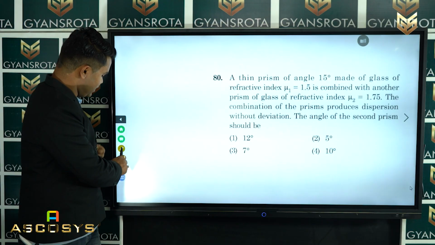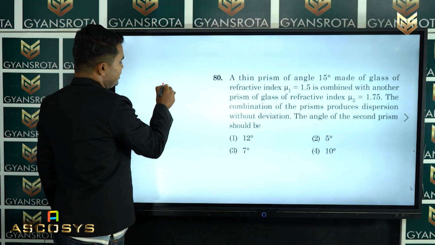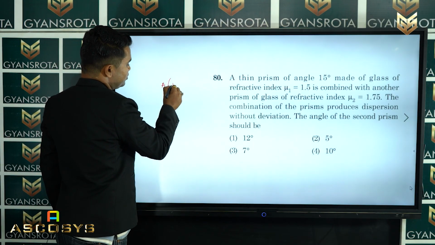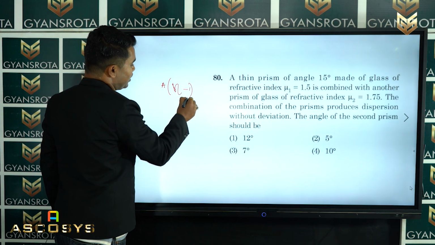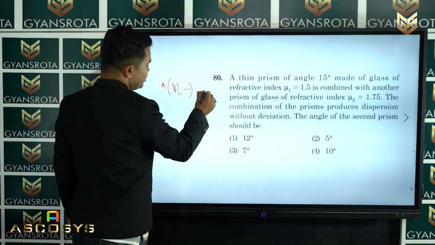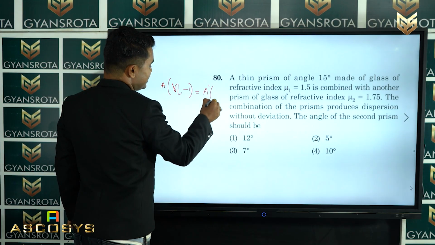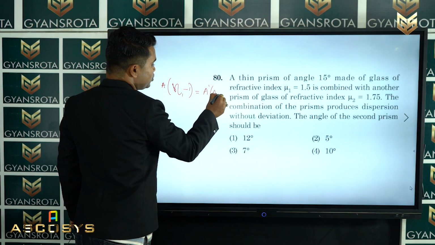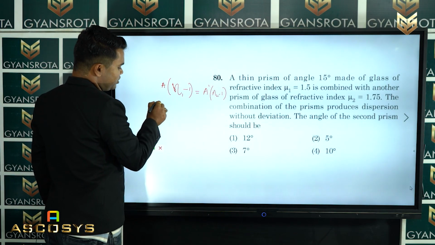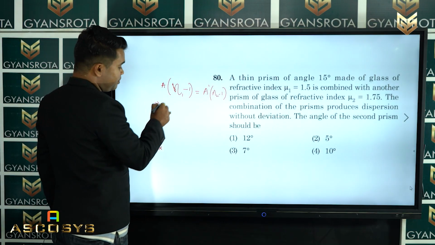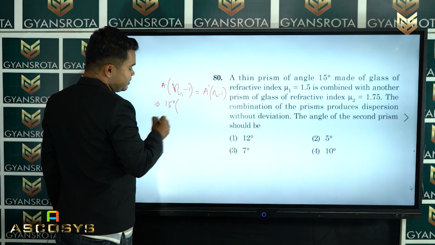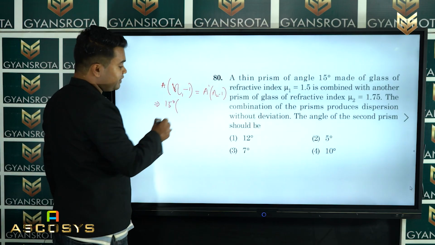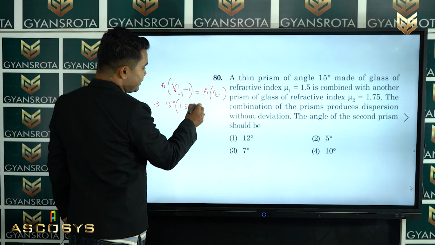So what I can write down is A into mu1 minus 1 will be equal to A dash into mu2 minus 1. A is given to us, that is 15 degree. If this is 15, then the refractive index for this one is 1.5, so 1.5 minus 1.